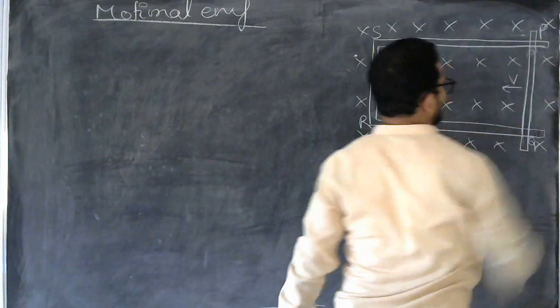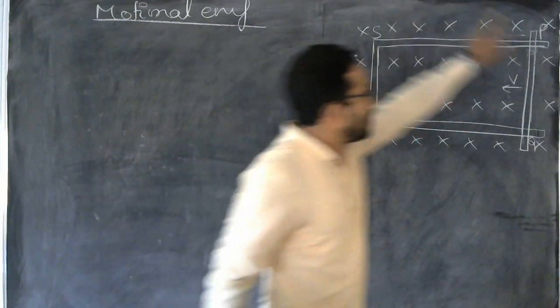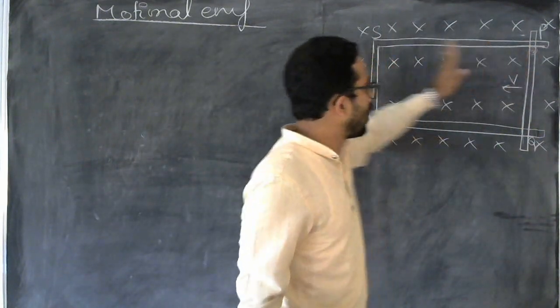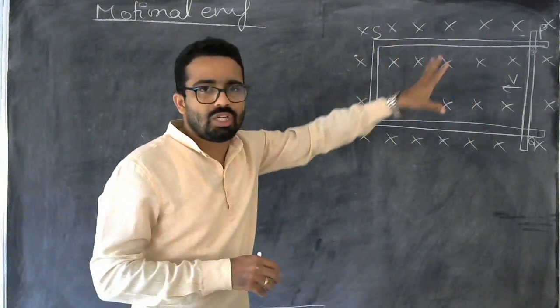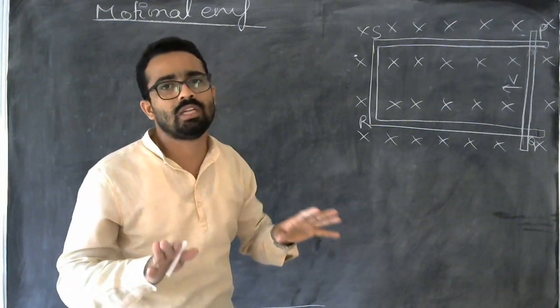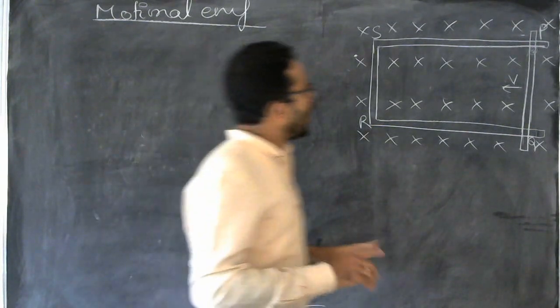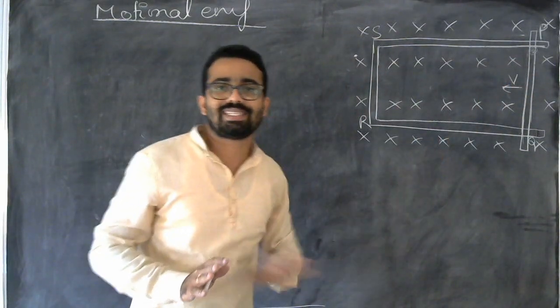That's why this charge q also has the same velocity v as the rod and will move along this direction. There will be a number of charges, but for this situation I am considering only one charge. And it looks like a charge is moving in the presence of an external magnetic field.